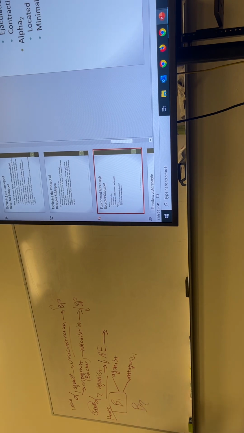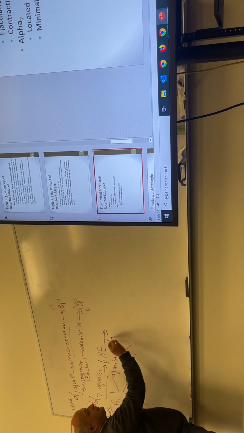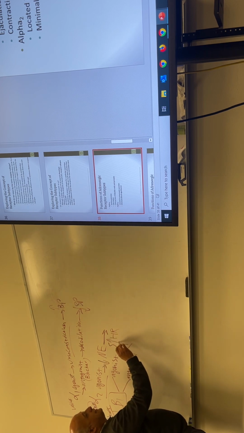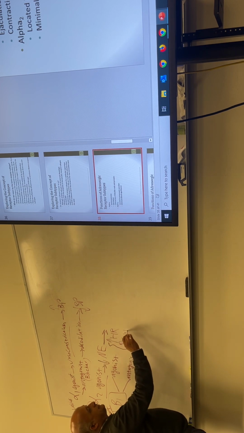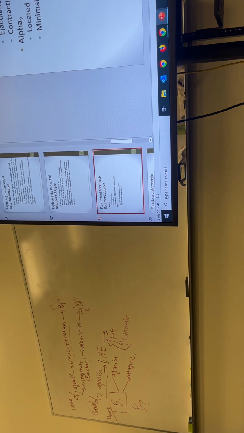So again, what does the SNS do to the heart? The beta 1 is part of the SNS. This is an adrenergic receptor, an SNS receptor. So beta 1 agonist is going to increase the heart rate and increase the contraction. These are the two things that the beta 1 agonist does. If you do that, what happens to the blood pressure? It goes up.